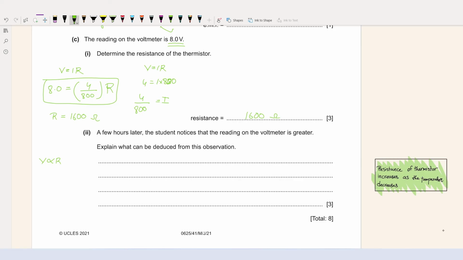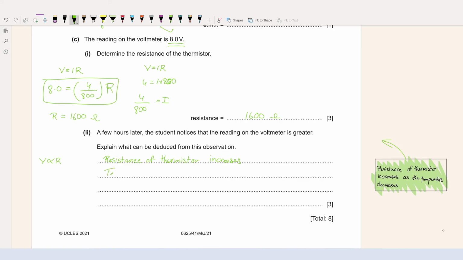So resistance of thermistor increases, and we know that the temperature decreases because this is the condition for thermistor, that as the temperature decreases the thermistor resistance increases.